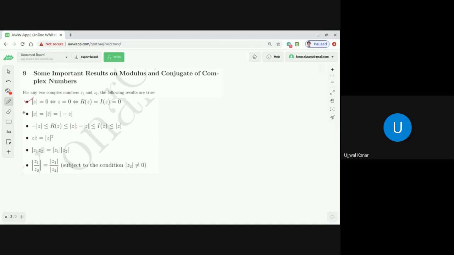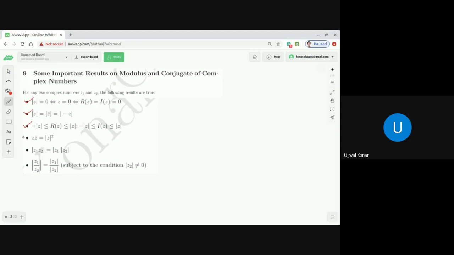Mod of z is equal to mod of z bar, its conjugate, and that is equal to mod of minus z. Real part of z is always between minus mod z and mod z. Same thing is for the imaginary part.